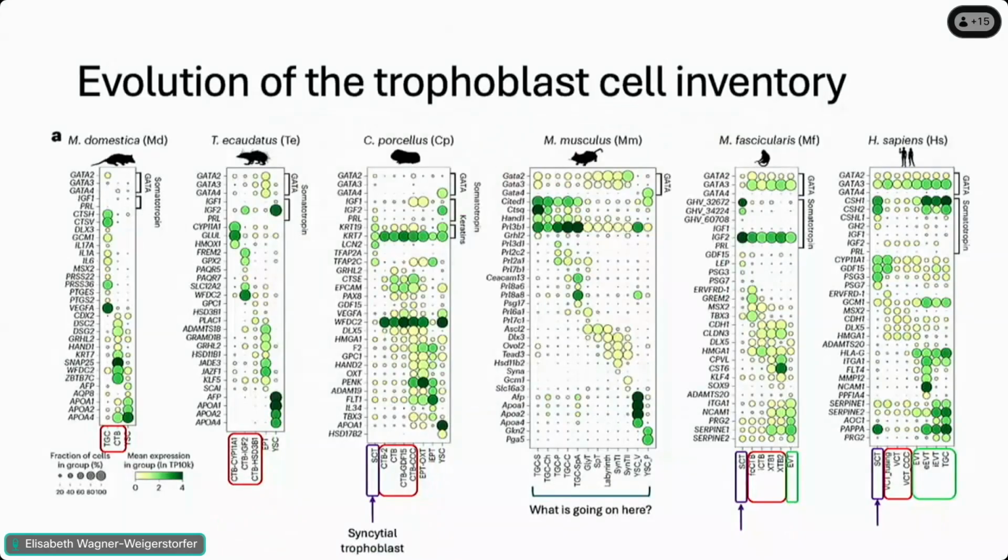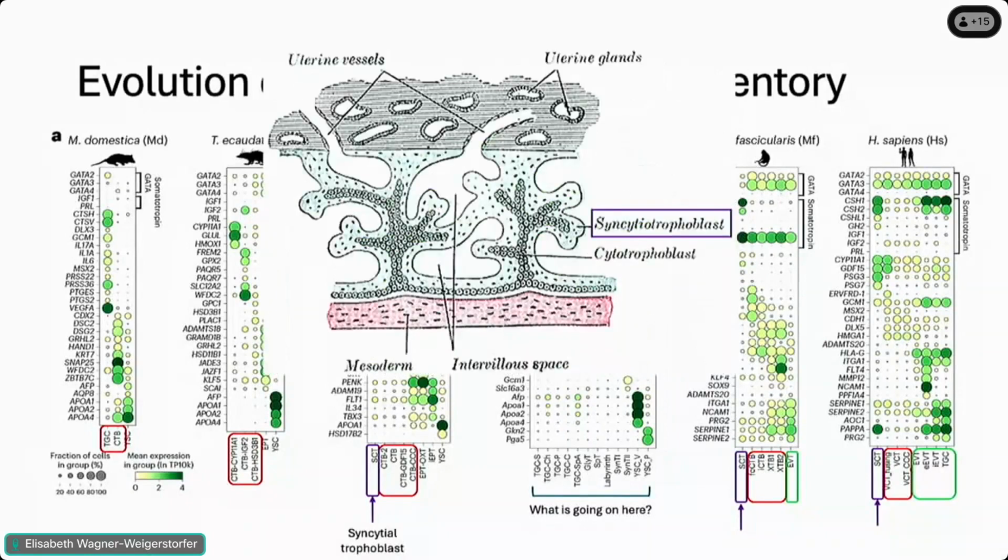Then we have another morphological type coming up, the syncytial trophoblast that we find in human and the macaques, but also in the rodents, but not in the tenrec. You'll see this one is actually also syncytial. So syncytial, of course, means that they consist of fused cells, making the cover of the placenta in humans, also in mice.